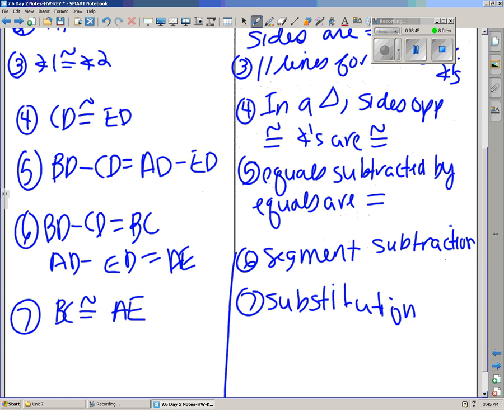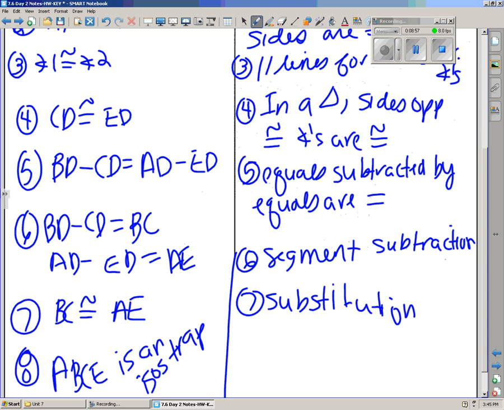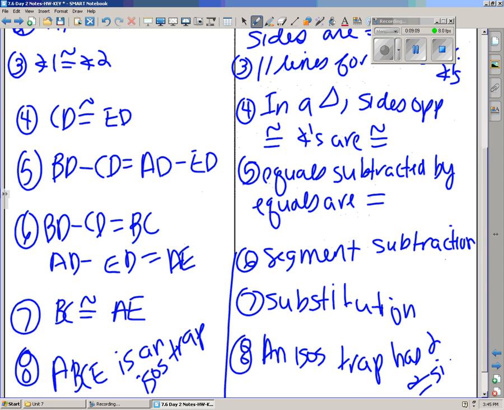And then we know that ABCE is an isosceles trapezoid because an isosceles trapezoid has 2 congruent sides.